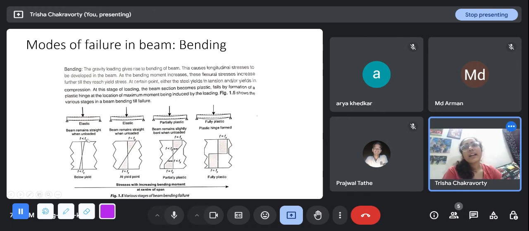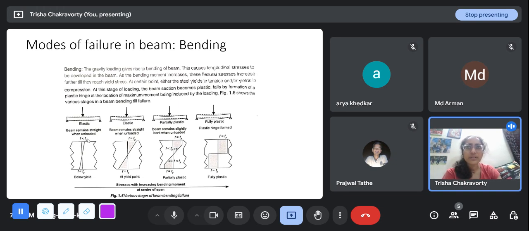The material can be studied in great detail up to its failure, but laymen designing a steel structure are not supposed to know all the details of the behavior of the structure. They have to be given a very simple set of rules to follow. Like if you see IS 800, which is the design code for steel, you'll see it is just mentioned in step form.